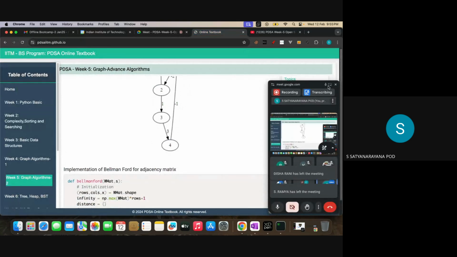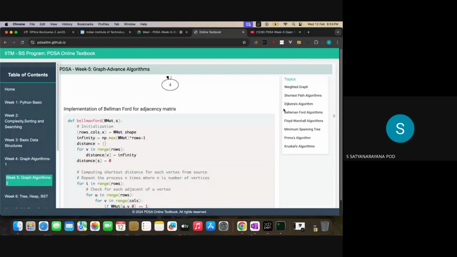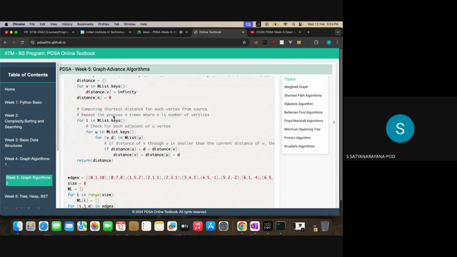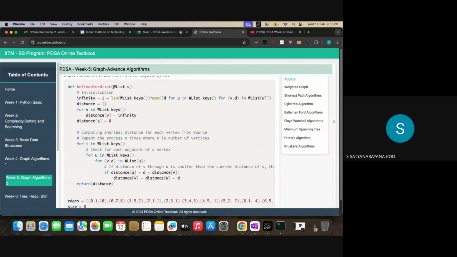The logic is almost the same, but some additional loop is used. See, I'm not using adjacency matrix because adjacency list is somewhat optimized. Yeah, this is adjacency list. We are taking infinite the same way, because earlier I said the maximum value of the graph. They are taking a distance array.